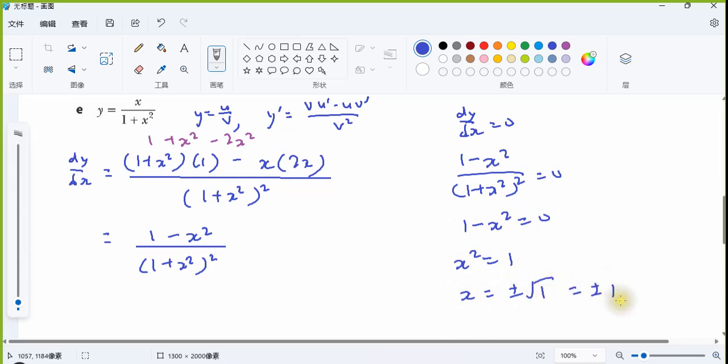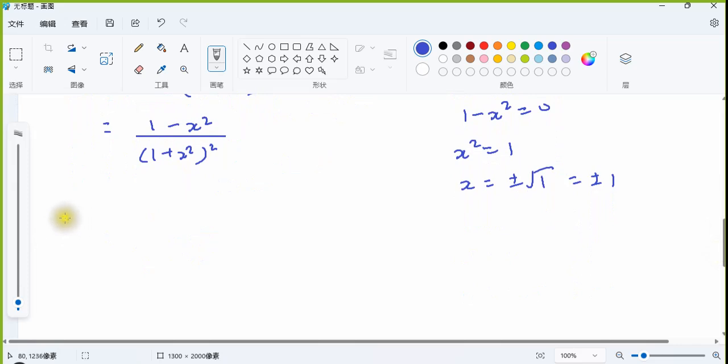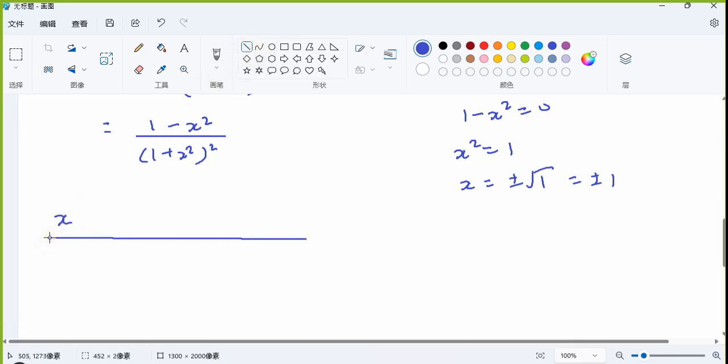Okay, so over here, we have to do a table. So we have x, then we have three values. We have to find three values here.